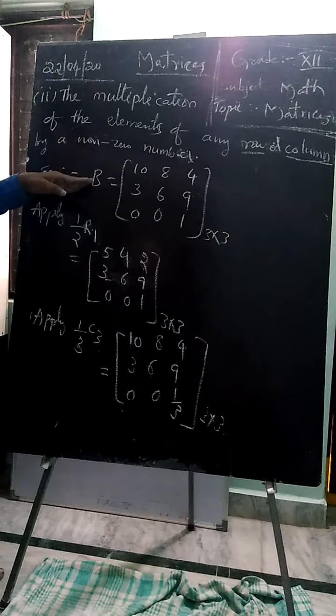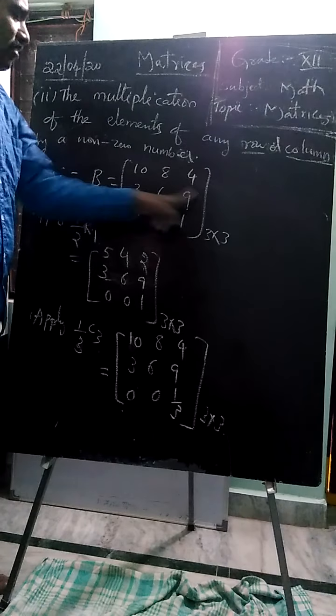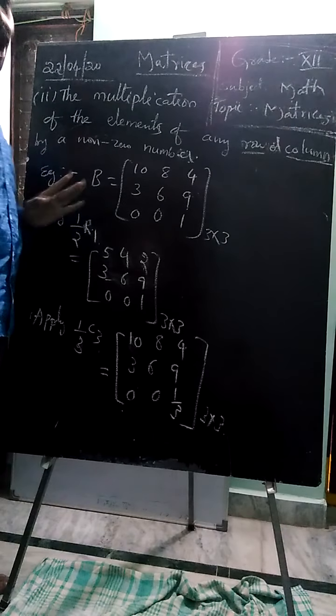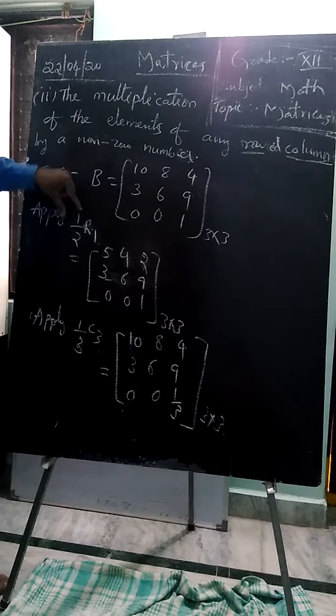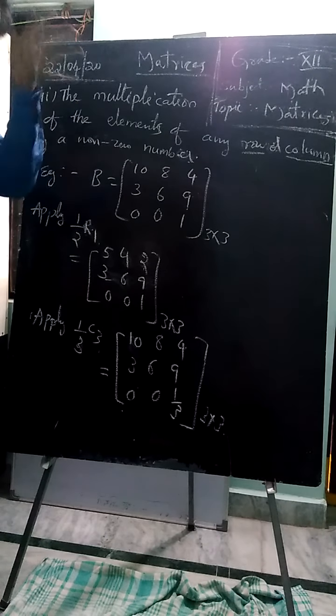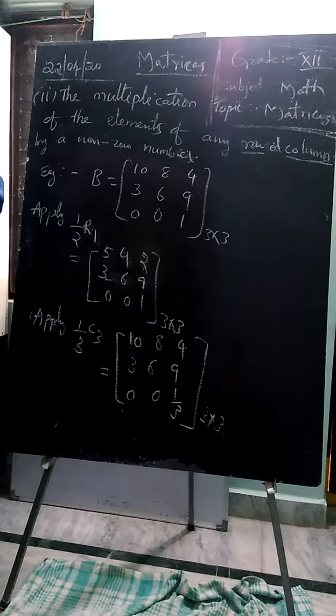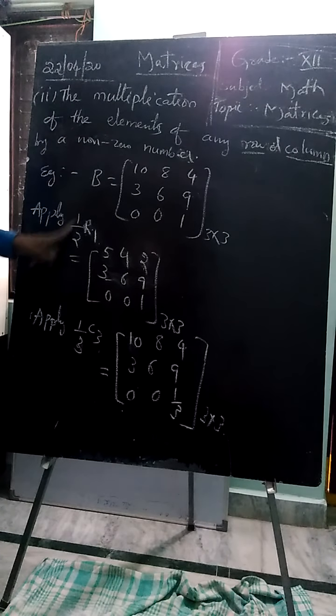So now let us take the matrix B, of order 3 by 3, as 10 8 4, 3 6 9, 0 0 1. Apply 1 by 2 R1. I mean multiply the R1 row by 1 by 2. Not only 1 by 2, students, any constant number we can multiply, even an irrational number also, for our convenience to find its inverse, if it exists, for a square matrix. When we multiply by 1 by 2, 10 into 1 by 2 is 5, 8 into 1 by 2 is 4, 4 into 1 by 2 is 2.